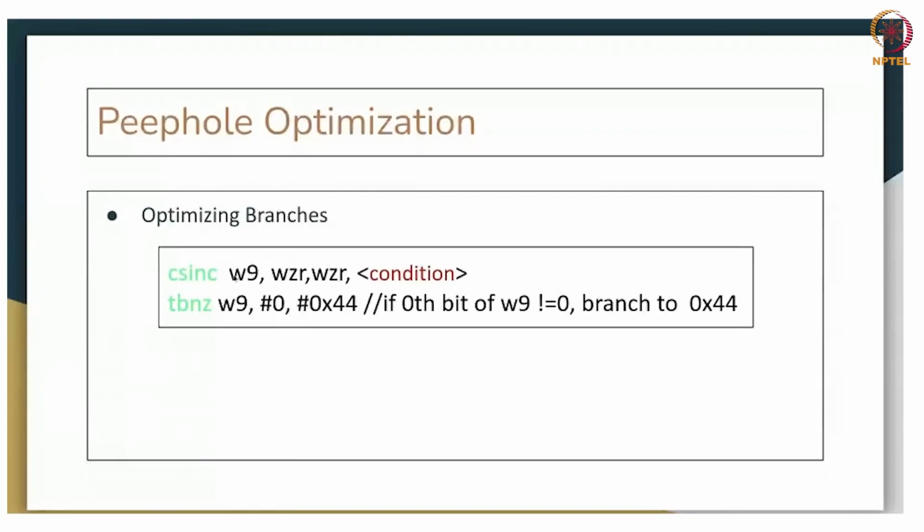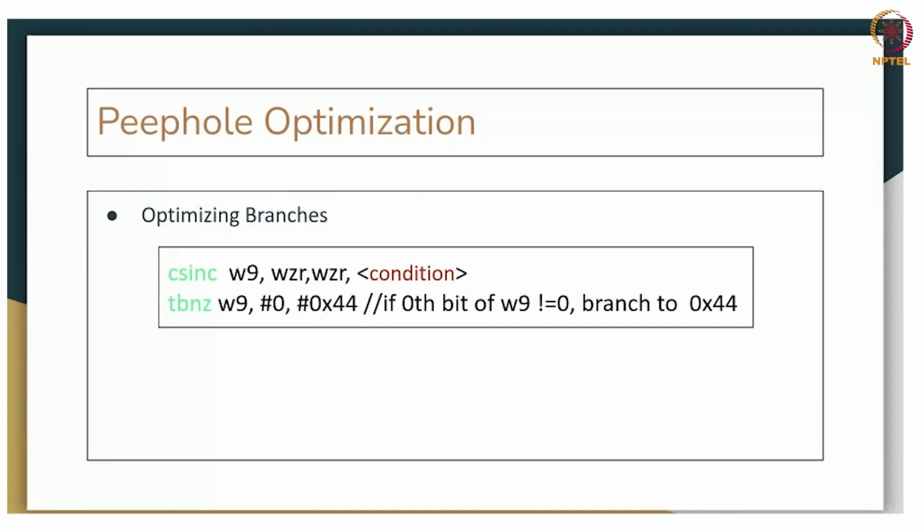So W9 becomes 1 when the condition is false. Typically this implies that if the condition is false, branch to address 0x44.